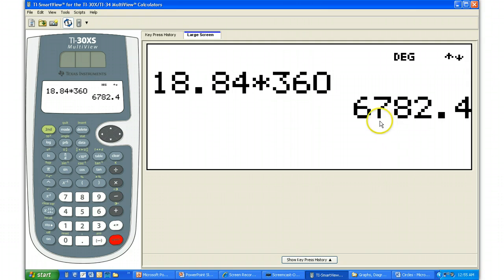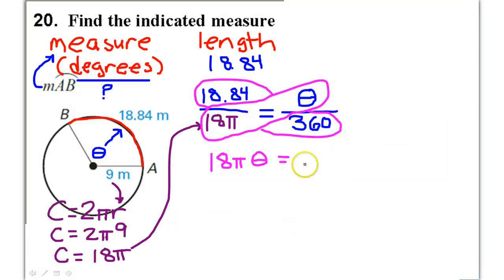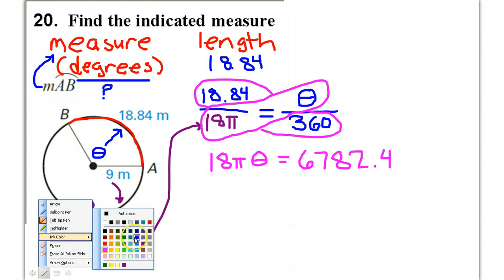That gives me 6,782.4. Okay, now I still need to get theta by itself.